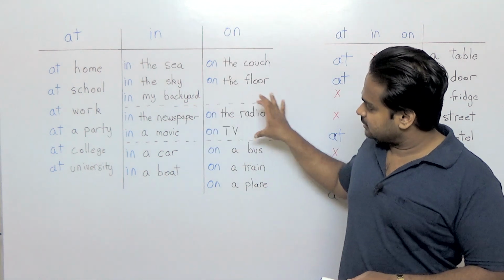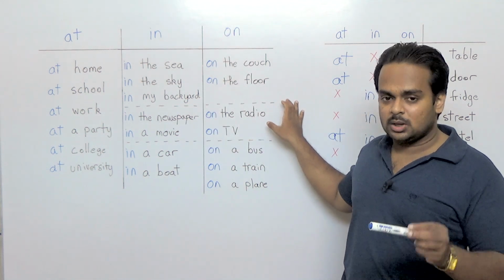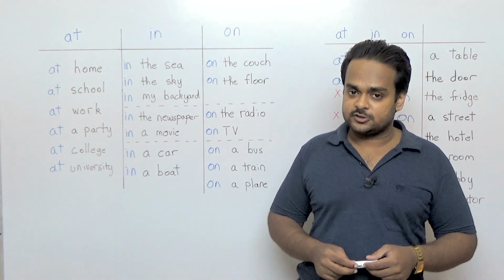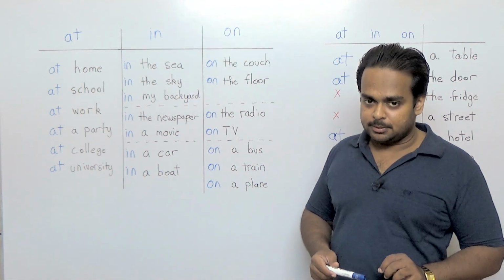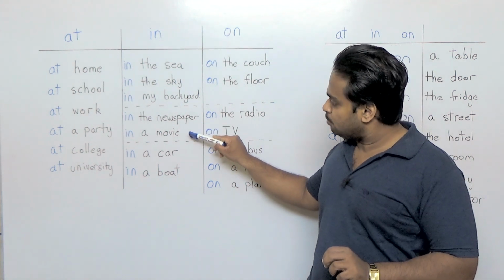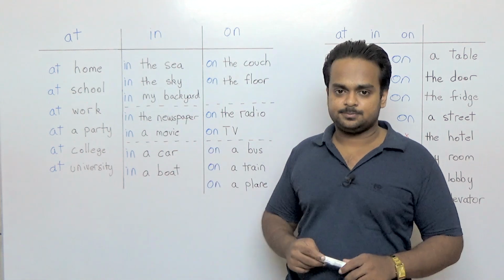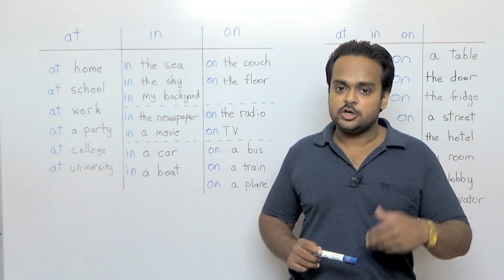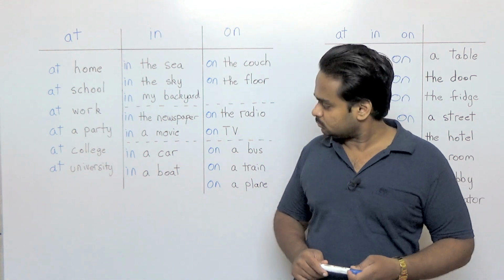This section is about the media. Now, when we talk about the media, like newspapers or TV or the radio, etc., there are some rules to keep in mind. If you're talking about the newspaper or a movie, then you will use in. For example, I read an interesting article in the newspaper this morning.